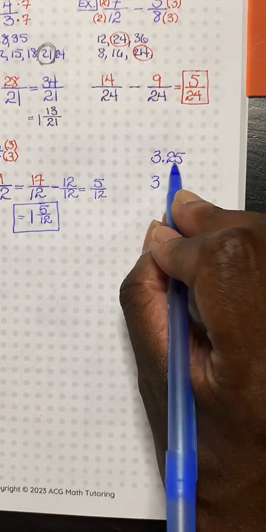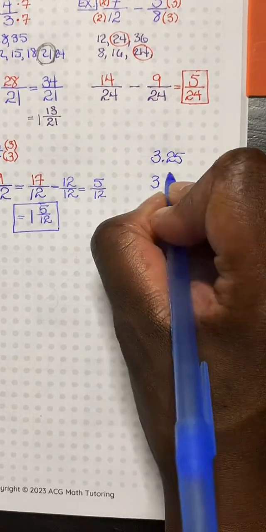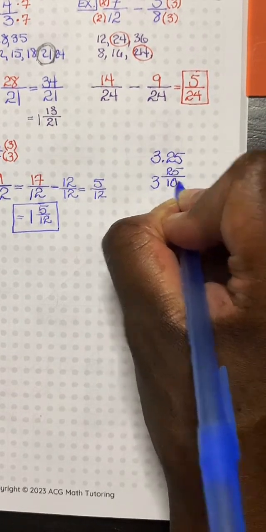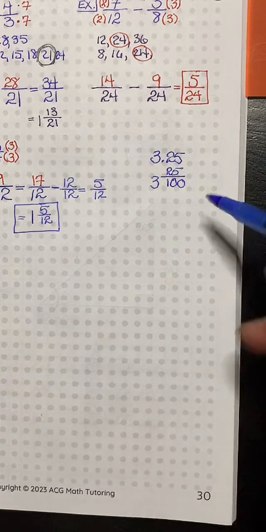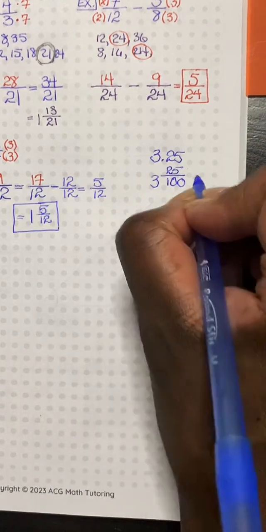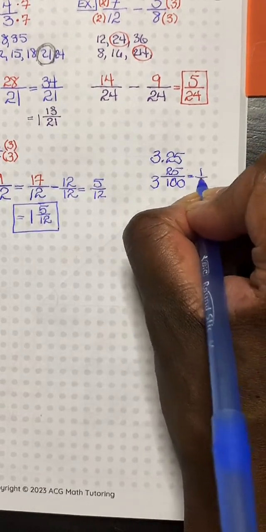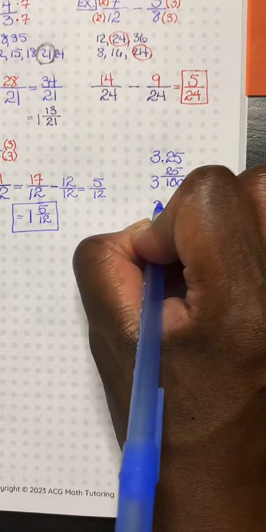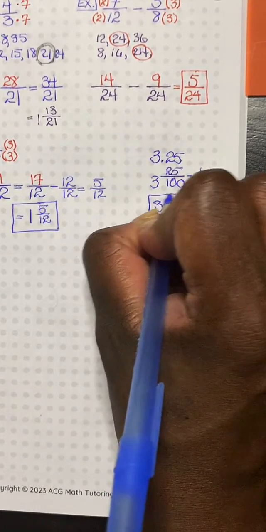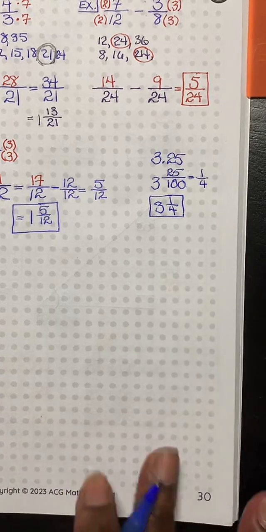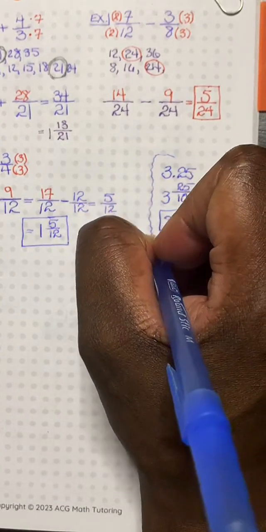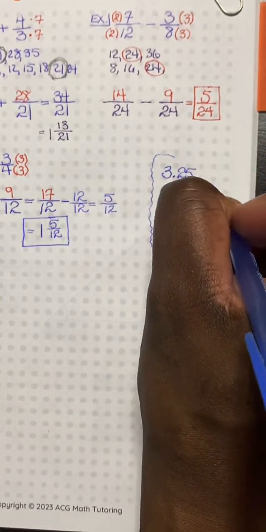You have your tenths and you have your hundredths. So that means you will have 25 out of 100. Now, 25 hundredths can be reduced. So 25 hundredths is going to be 1 out of 4. So you'll have your 3 and 1/4. So that's how you go from a decimal to a fraction.